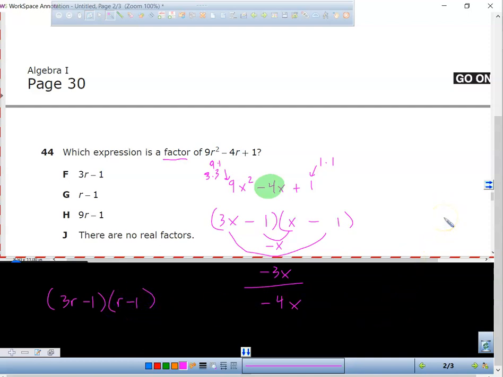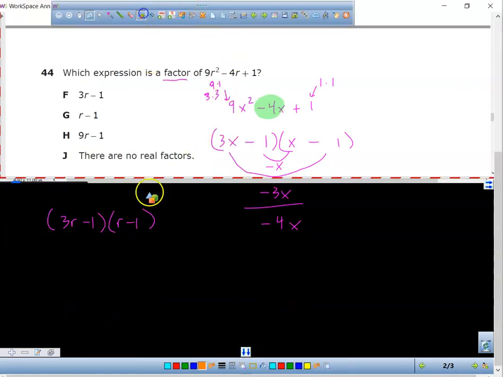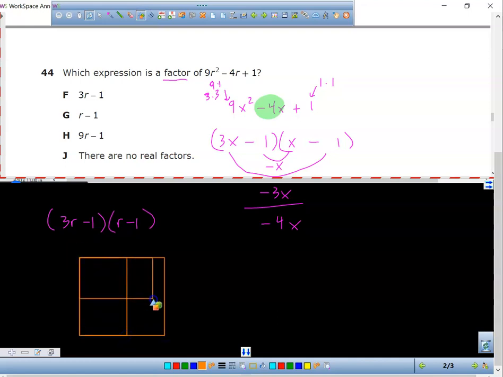Oh, looks like there's two factors. Hold on. It says which expression is a factor? That's a factor. That's a factor. Let me just do something real quick. Go ahead and do this with me. I don't think I did anything wrong, but make a little box with me if you would.